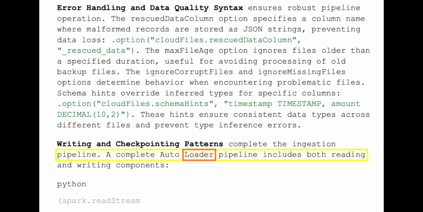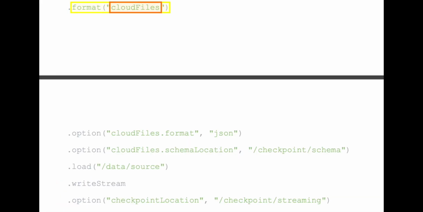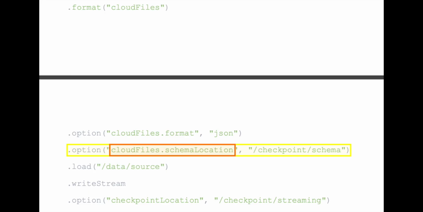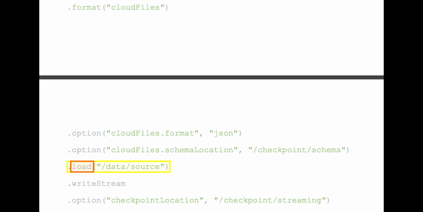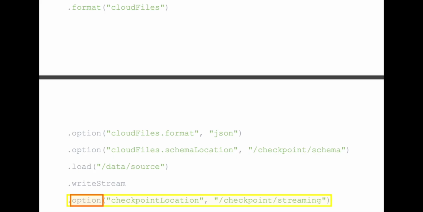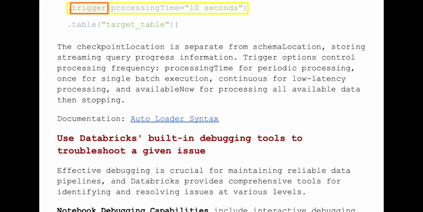A complete Autoloader pipeline includes both reading and writing components. Python: spark.readStream.format("cloudFiles").option("cloudFiles.format", "json").option("cloudFiles.schemaLocation", "/checkpoint/schema").load("/data/source").writeStream.option("checkpointLocation", "/checkpoint/streaming").trigger(processingTime="10 seconds").table("target_table").